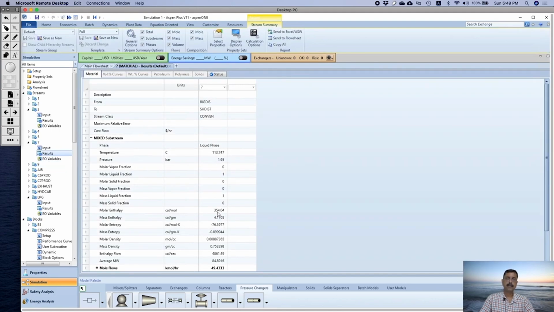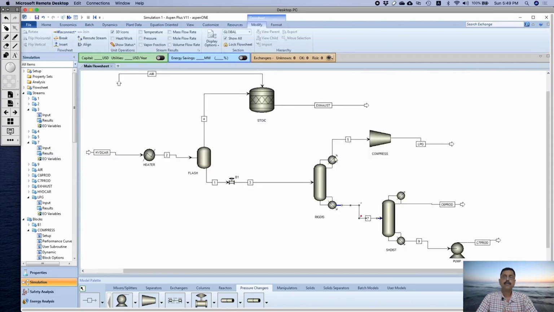This is what is expected. Okay, so if we increase the reflux ratio, then the molar enthalpy of the bottom flow rate will decrease.